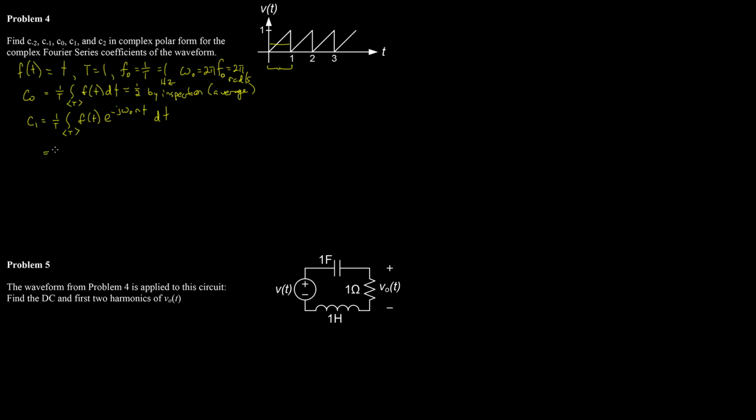Time period's 1, so 1 over 1 is just 1. We're going to integrate between 0 and the time period, which is 1. The function is t. We'll integrate that times e raised to the minus j omega naught, which we said is equal to 2 pi, n is 1 for this example, times t dt.